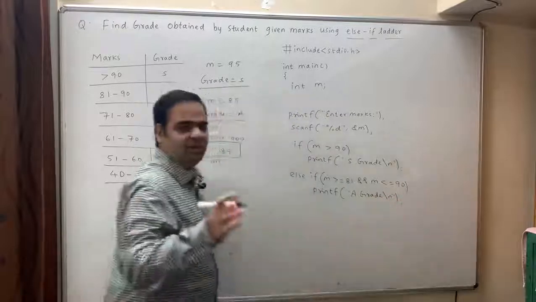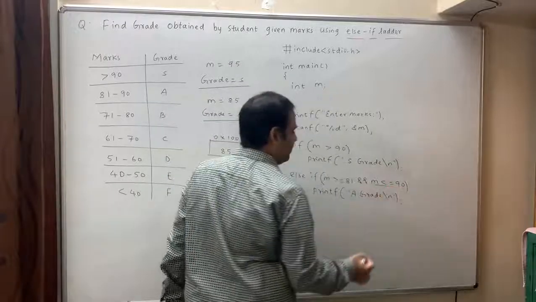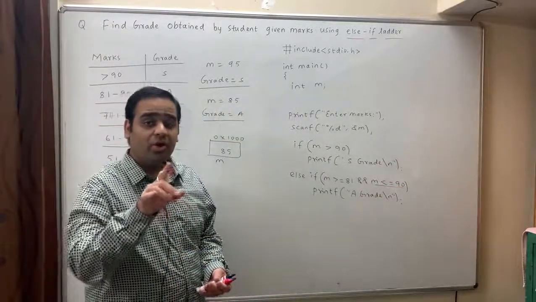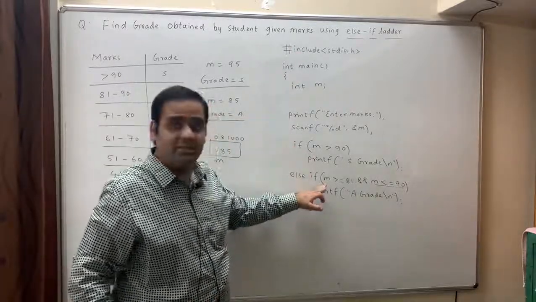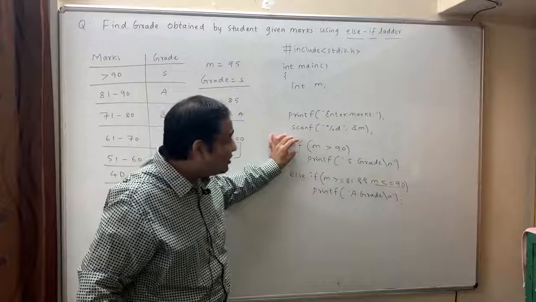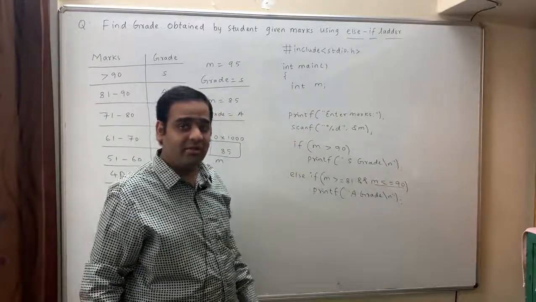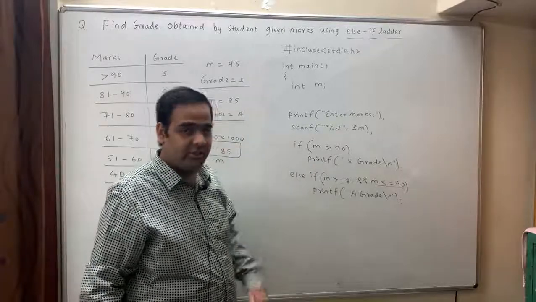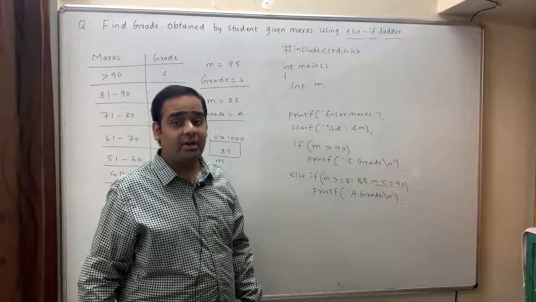Now one condition over here, do I need to check marks is less than or equal to 90 over here? No, it is not necessary. Why is it not necessary? When you reach the second condition in the ELSE-IF ladder, only when the first condition is false, only when all the previous conditions are false, you reach the current condition. Now it means you have already checked marks greater than 90 is false.